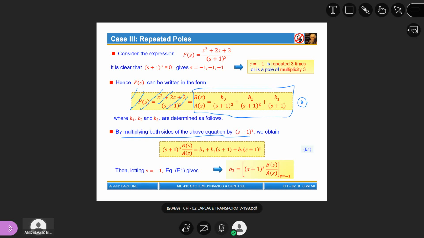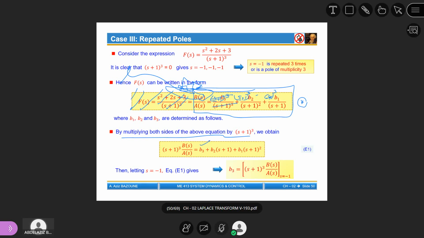Okay, Shabab? If I multiply by s plus 1 cubed, so here multiply by s plus 1 cubed, here s plus 1 cubed, here s plus 1 cubed. So I simplify cubed with cubed, I end up having b3 here.